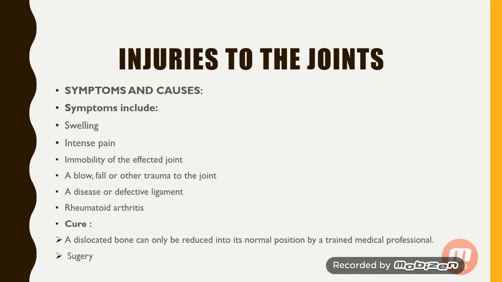Now, this can usually be cured by a successful reduction process into its normal position by a trained medical professional, and the other means is surgery, which can be needed to repair or tighten up the stretched ligaments.